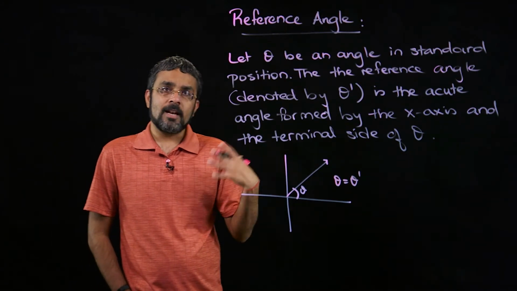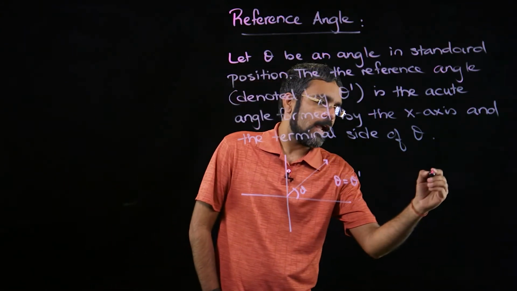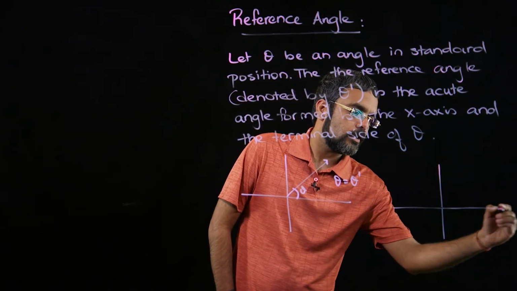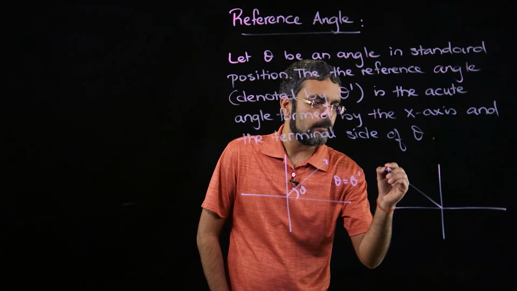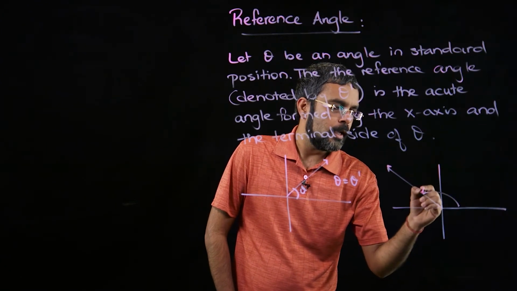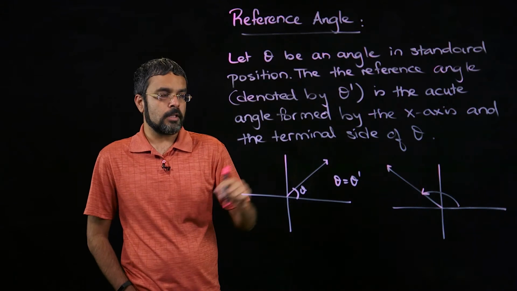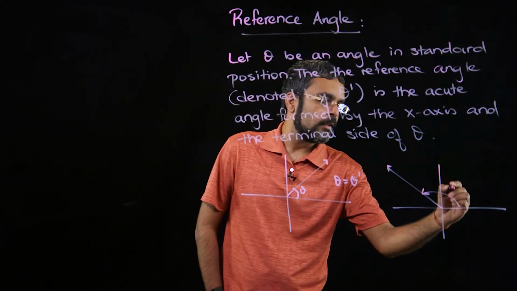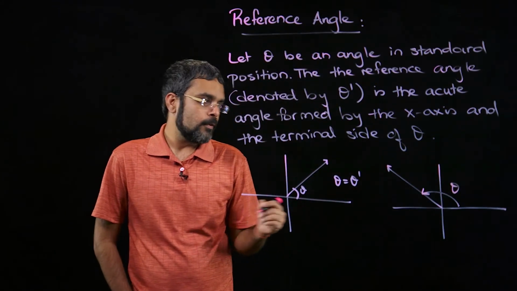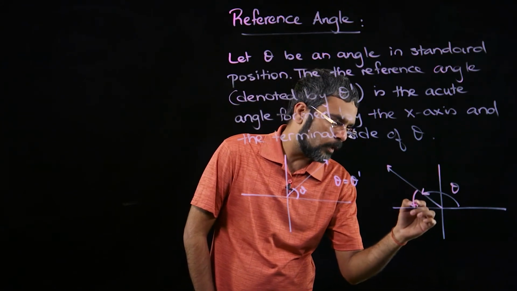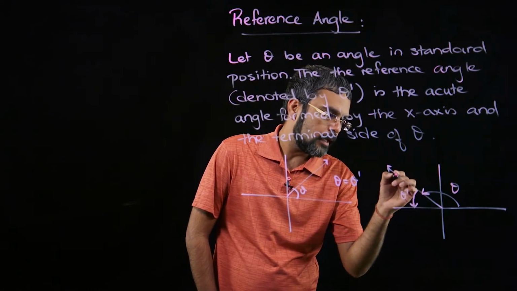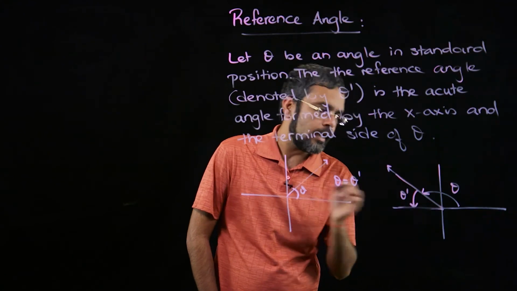Reference angles are more helpful when your angles are actually more than 90 degrees. So imagine this being my angle theta. In this case, my reference angle would be this angle over here, because this now is an acute angle.